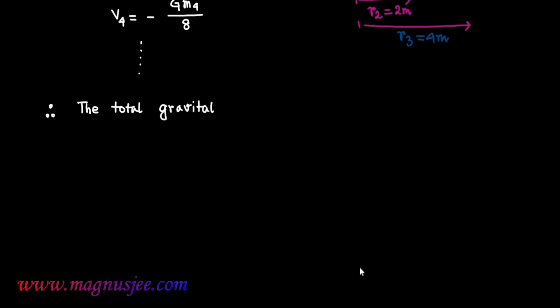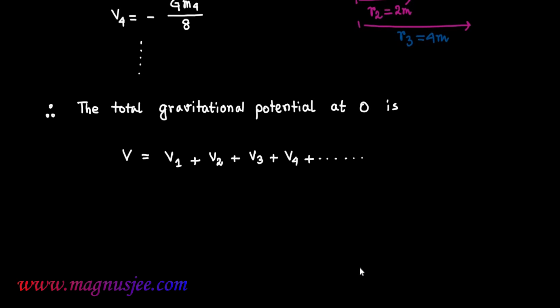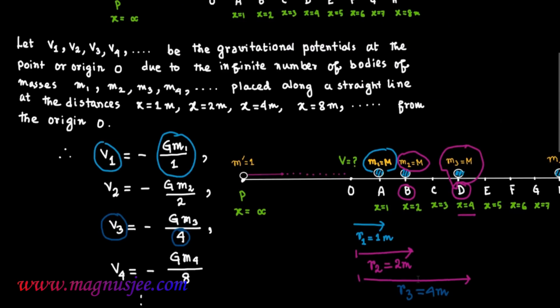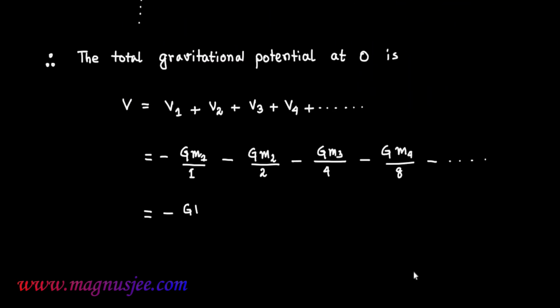Therefore, the total gravitational potential at the point O is given by V equal V1 plus V2 plus V3 plus V4 plus so on, equal minus G m1 by 1, minus G m2 by 2, minus G m3 by 4, not divided by 3, it should be G m3 by 4, then minus G m4 by 8, minus and so on.